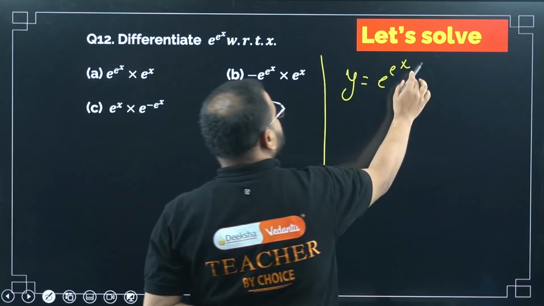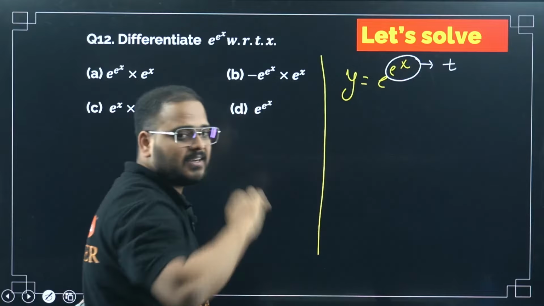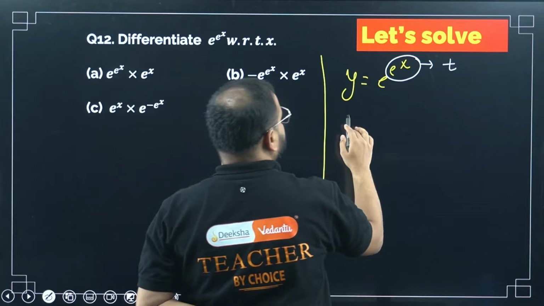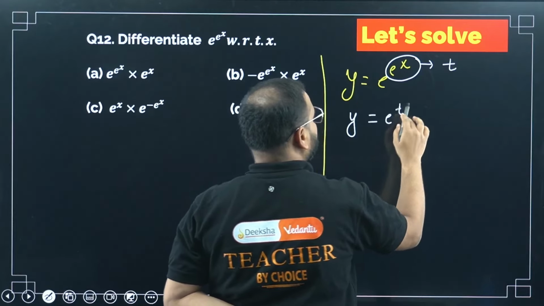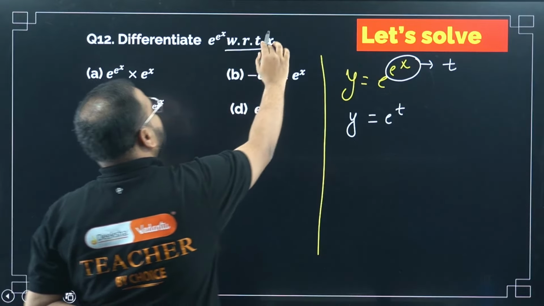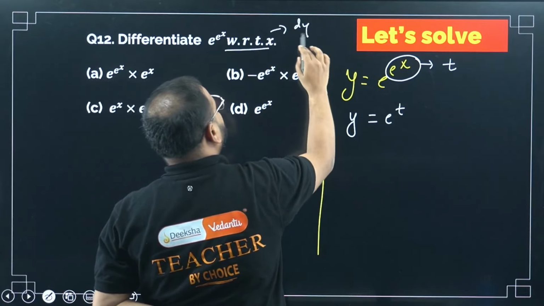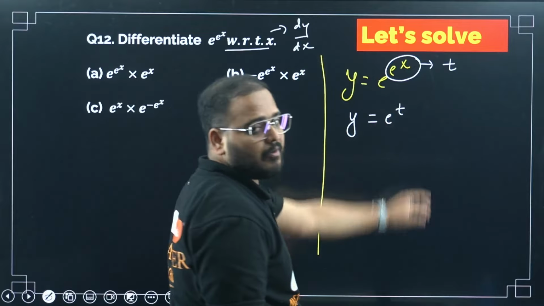If I take this as, let's say, t, what will this be? y equals e power t. What are they asking us to find? dy by dx. How can I find it if this is given in the form of t?